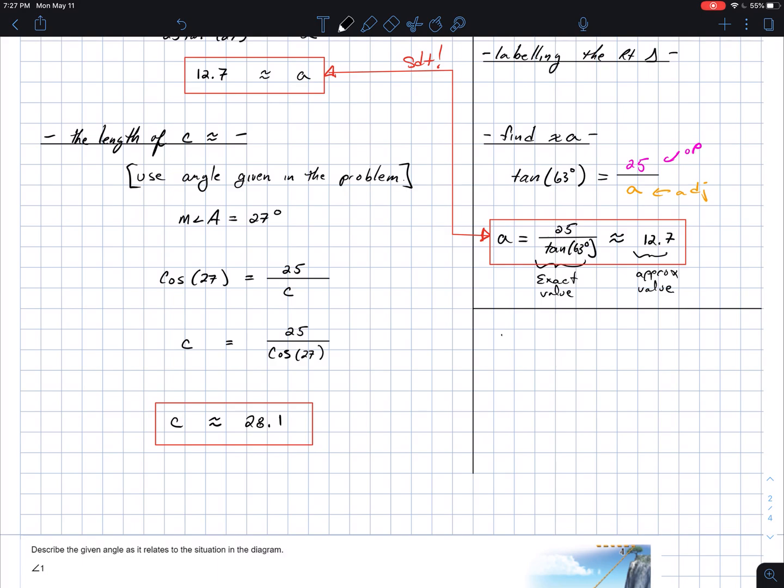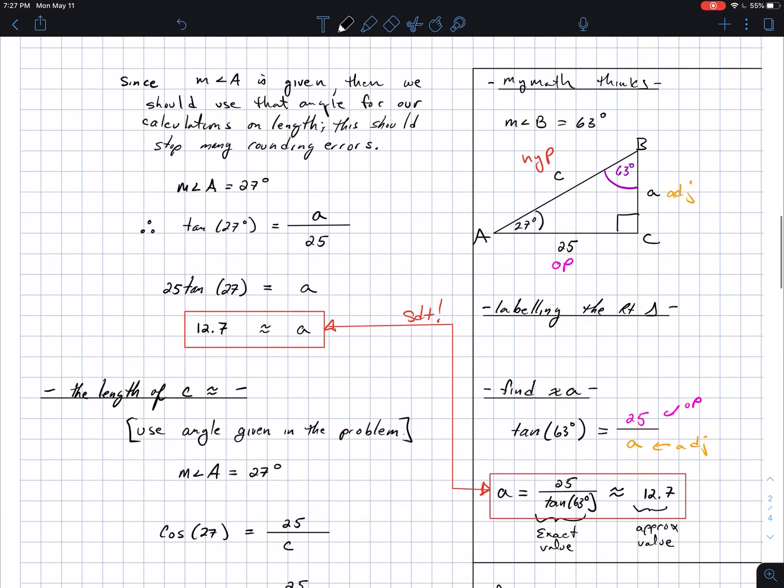So let's find C, the approximate value for C, really quick. Let's look at what we have. We want to find C relative to 63 degrees. So that's the hypotenuse, and we have the opposite.